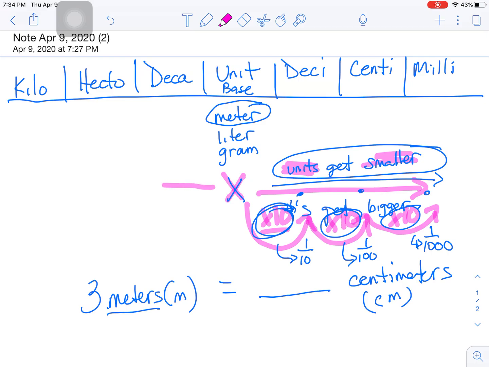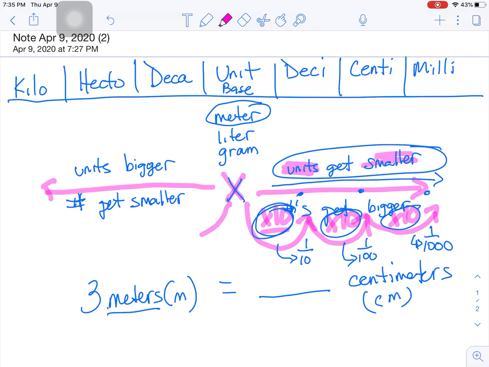Now, we do this a lot in math. Anytime I move to the left, my units get bigger, but my number gets smaller because I have something like a meter and a kilometer is bigger than it. So now I need all of these things in order to make just one of those. So if I move the other direction, this is where every time I hop, I'm actually dividing by 10.